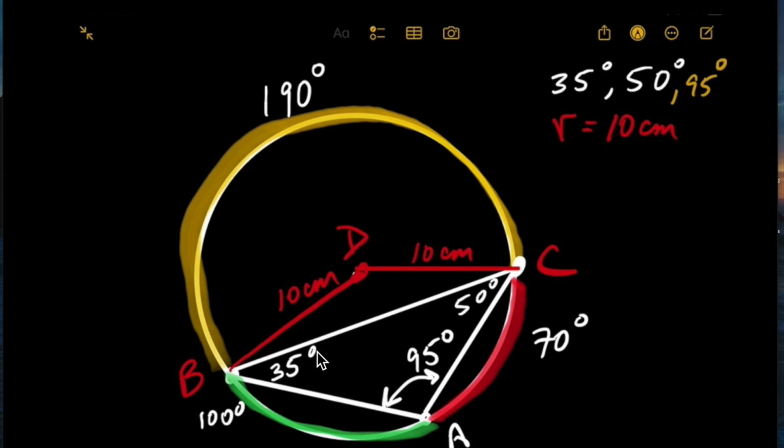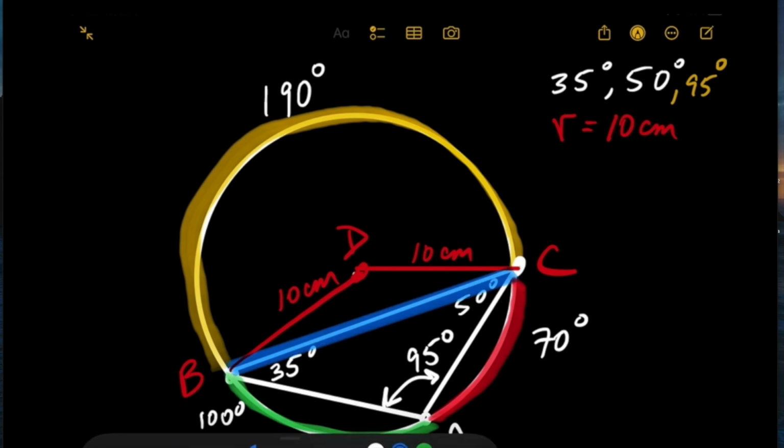Now, the title of this video suggests we're going to use the law of cosines. So if we're looking at this triangle here, we already know that this radius is 10 and that radius is 10. We're going to use those two sides to find this length first, length BC. And to do that, we're going to use the law of cosines.